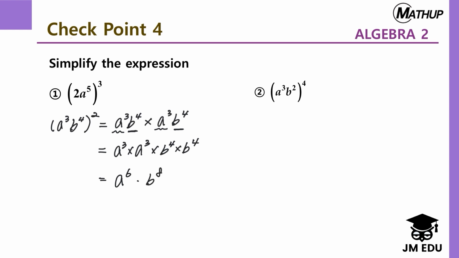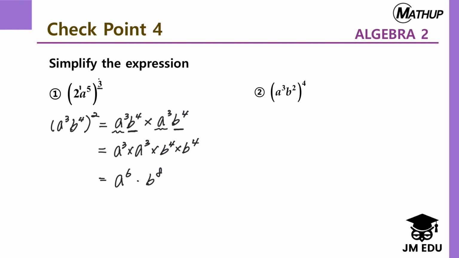So when we simplify this type of expression, we can multiply 2 by 3 and 2 by 4. Apply the distributive property. Let's try number 1. We have (2a to the 5) to the power of 3.